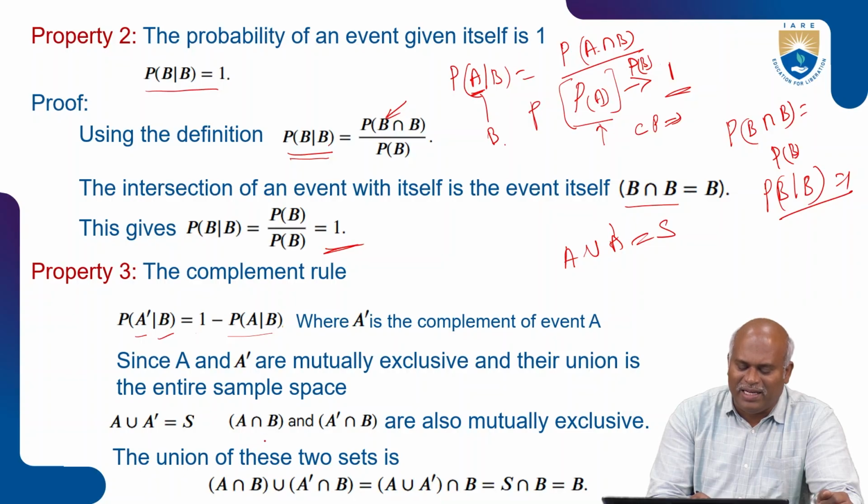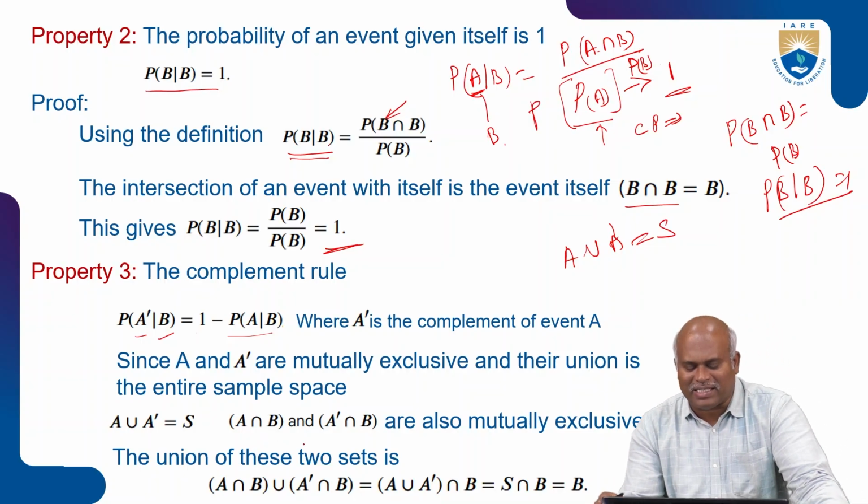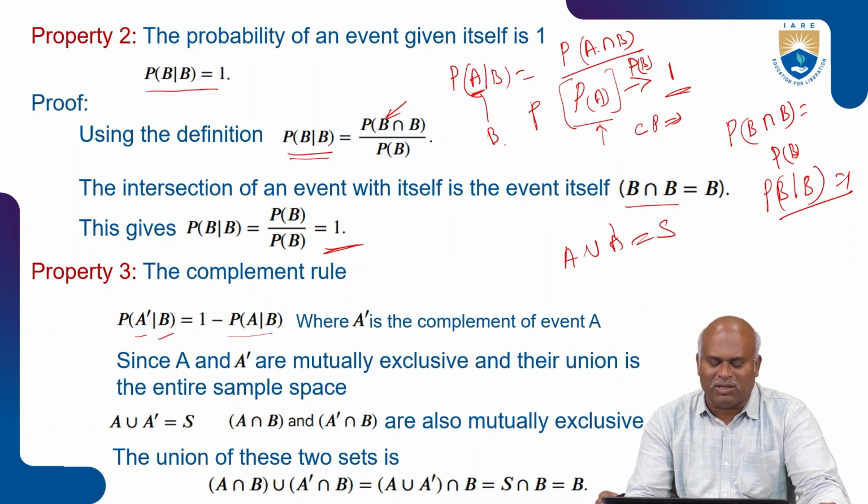Then A intersection B and A dash intersection B are also mutually exclusive.